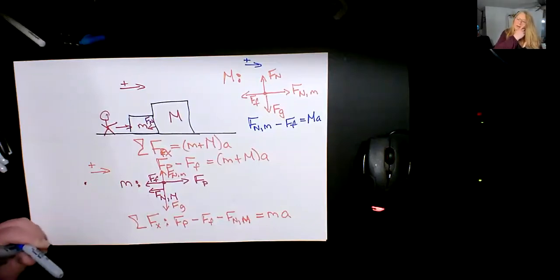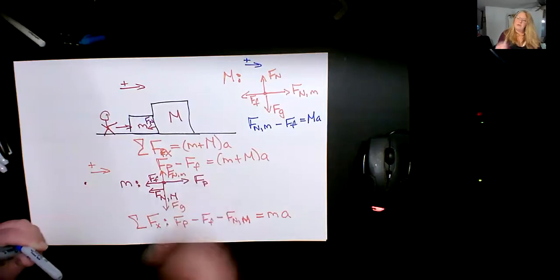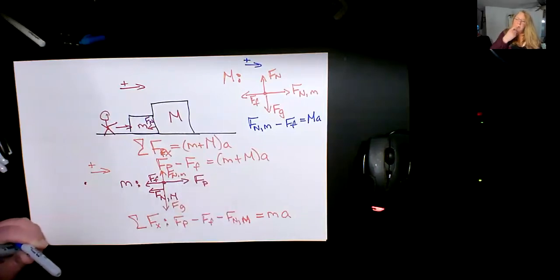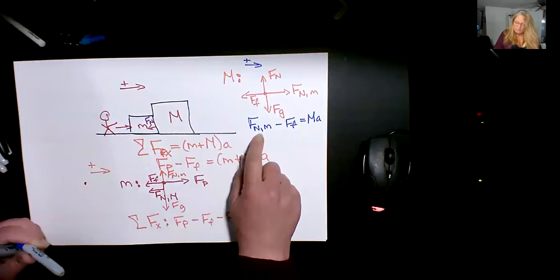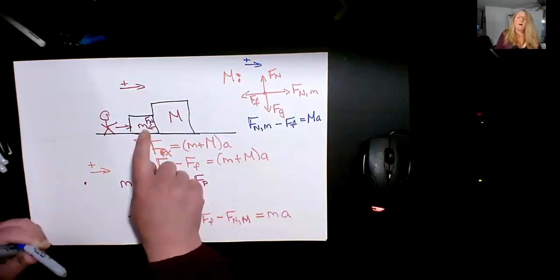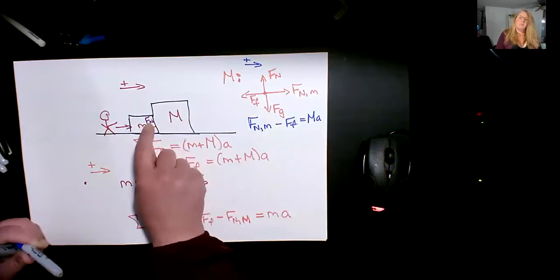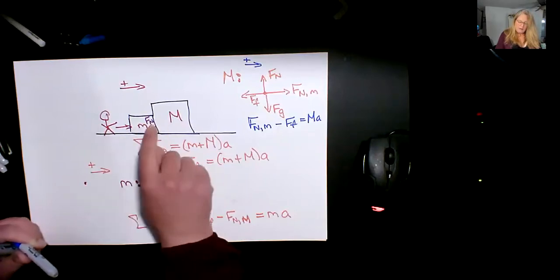Now here's where I can deduce and use the third law pair to my advantage, because this force normal is going to be the same. However hard this little mass pushes on the big mass, the big mass is pushing back on the little mass by the same amount. Let me repeat that.